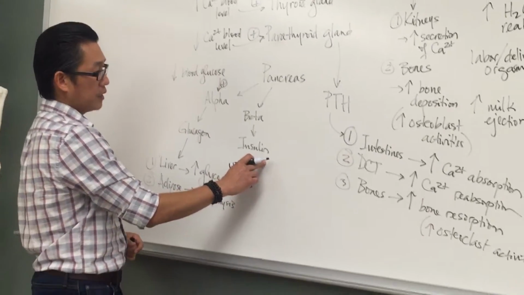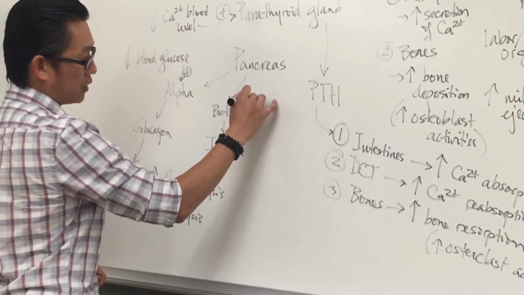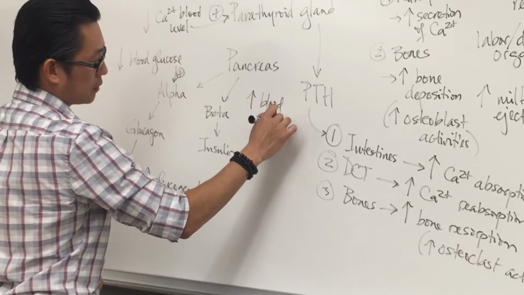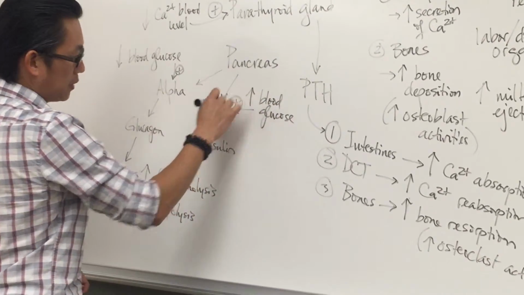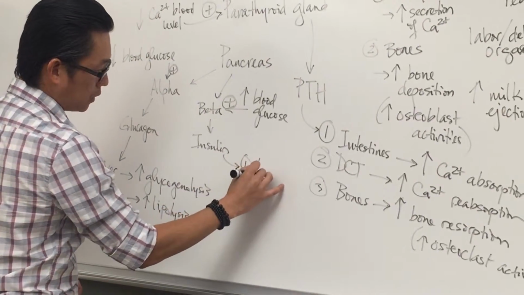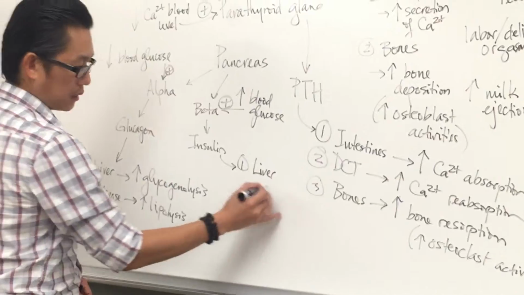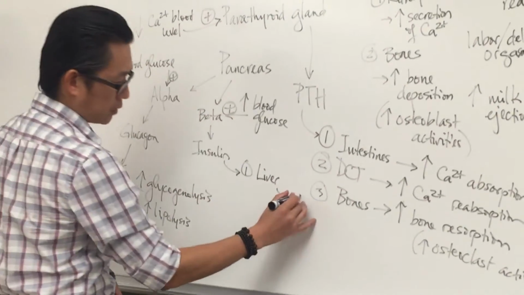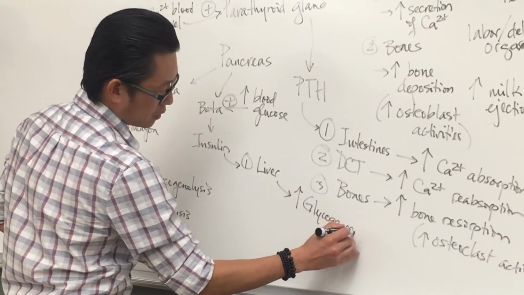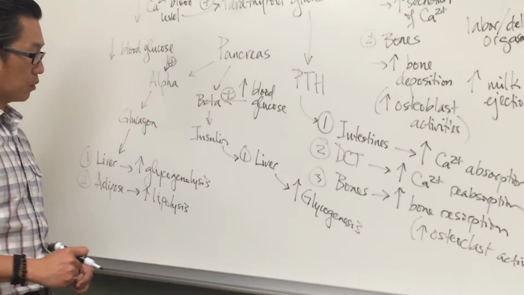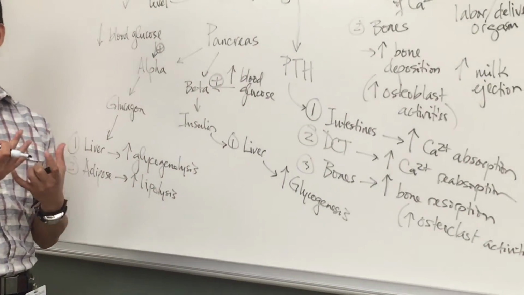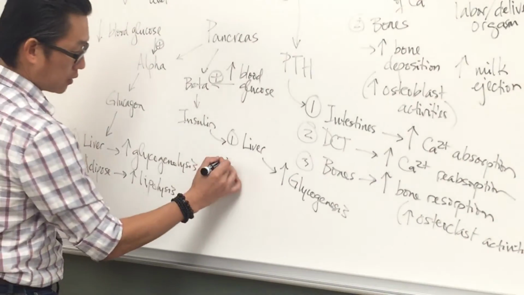So for insulin, for the beta cells, if you have an increase in blood glucose, that's going to stimulate the beta cells to release insulin. And it's going to go, again, to the liver. This is going to increase glycogenesis, which means it's going to take up this excess glucose and stick it into a glycogen molecule to expand that glycogen.